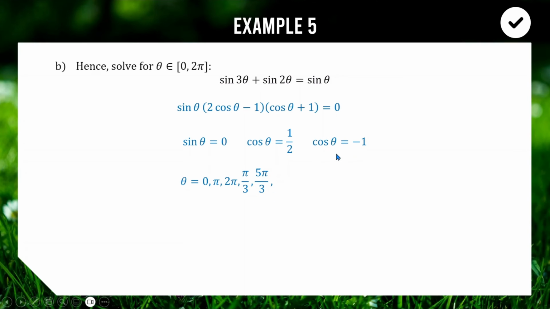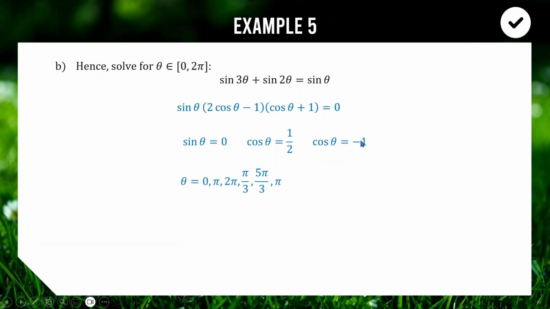And for the last part, cos theta equal to -1. Again, thinking about your cos graph and what it looks like, the bottom part of the cos graph is the -1, and that's occurring at the halfway point, which is at 180, which is pi, which we've already got, but I'm going to write it again because why not? So 0, pi, 2 pi from the first part. From the middle part, we get 60 and 300, aka pi on 3 and 5 pi on 3.